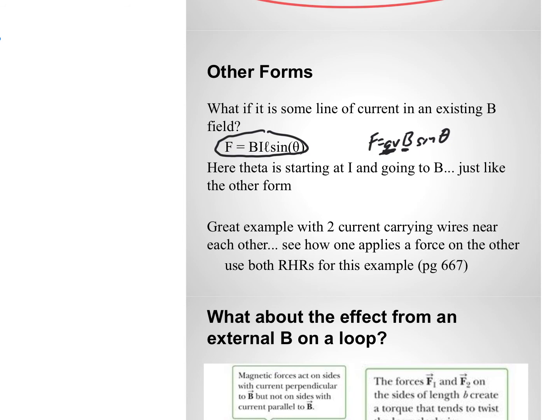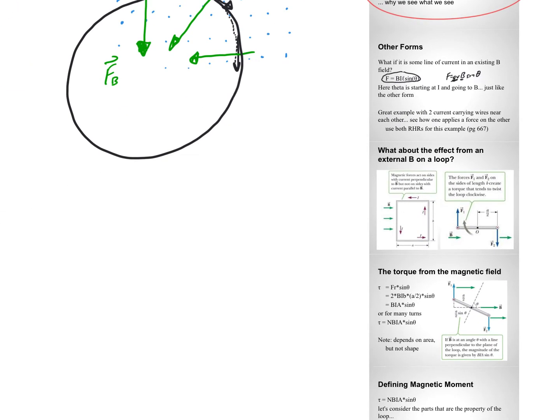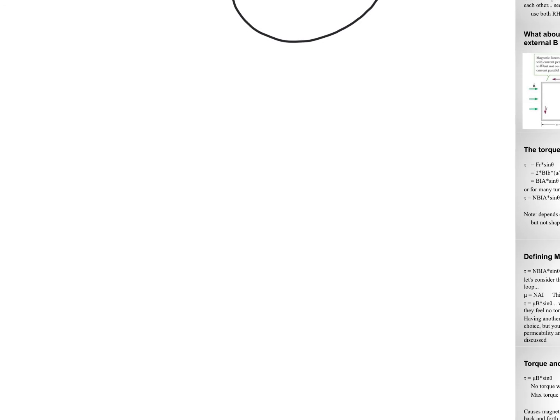Let's consider a few situations about how two different wires will interact with each other. I'm going to start with one wire that has a current to the right, and a second wire that has a current also to the right. They both create magnetic field in the region.